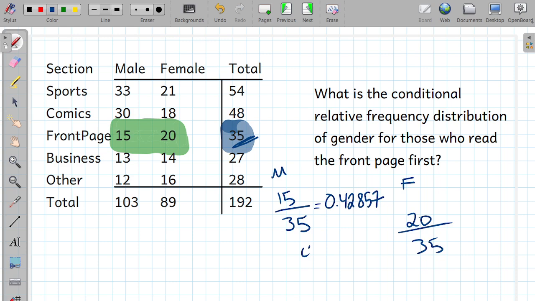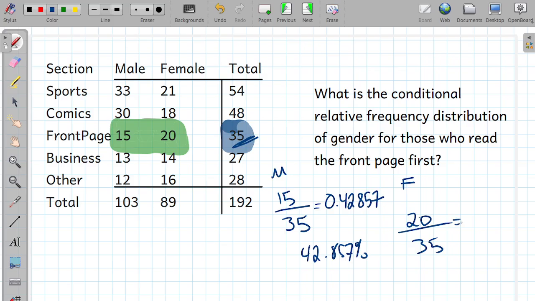So this is 42.857%. So we should already know what the female readership is, because, and I'm reaching ahead into the probability discussion coming up, there are 35 people in total here. 15 are in one of two categories. The remaining 20 have to be in the other category, right?